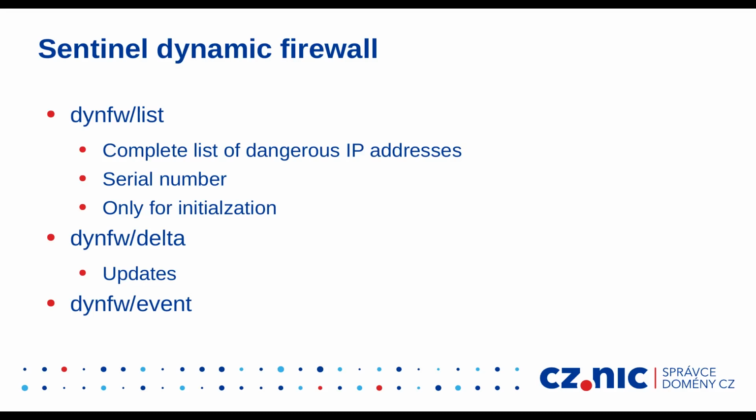The info delta message delivers regular updates of the list, either additions of a new address or their removals. The info event message is not needed for dynamic firewall functionality, but it can be used to visualize how the dynamic firewall works. It contains events that led to score increase of any attacker address.